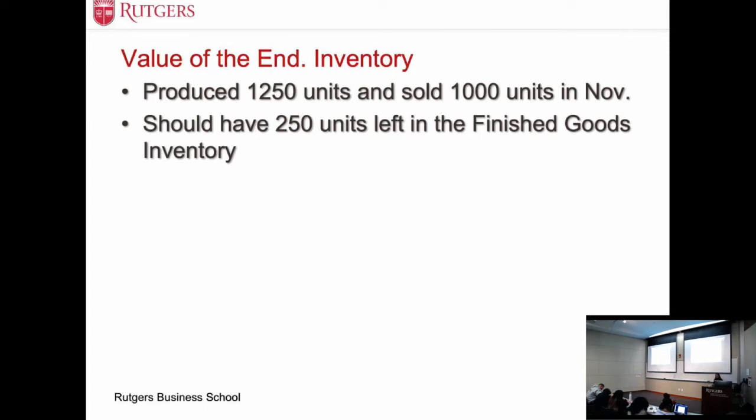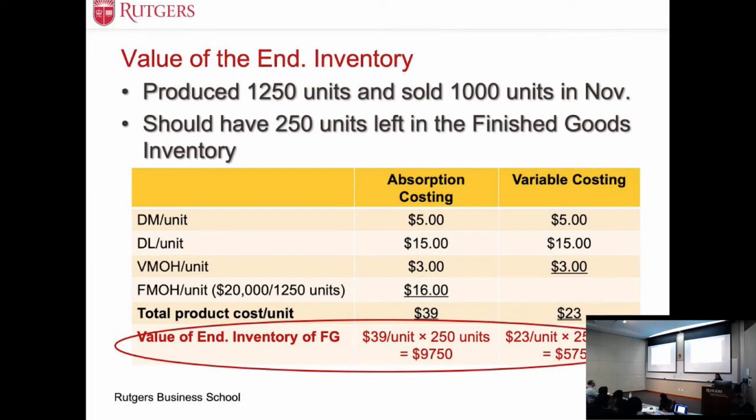As we said, we will have 250 units left for November. So what's the value for that ending balance? Under the absorption costing, it's simply the product of the units left, 250, and the unit production cost under absorption costing, which is 39.